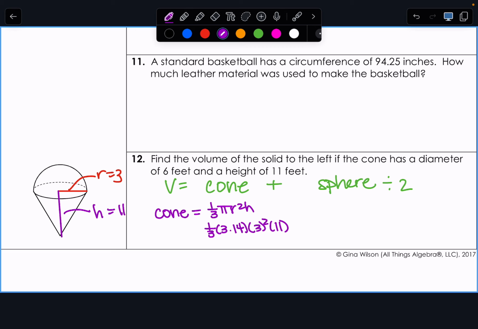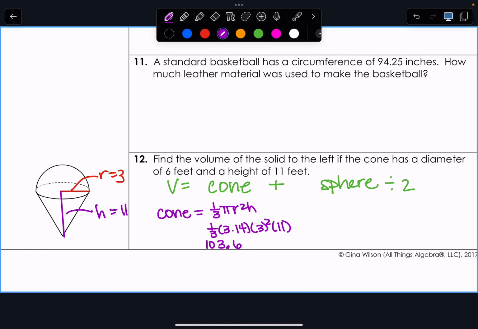Anybody got a number for me? 3.14. That's a number, but that's not the number I'm wanting. 103.6? Yes. Now we have a sphere we need to cut in half. Let's just talk about the full sphere.